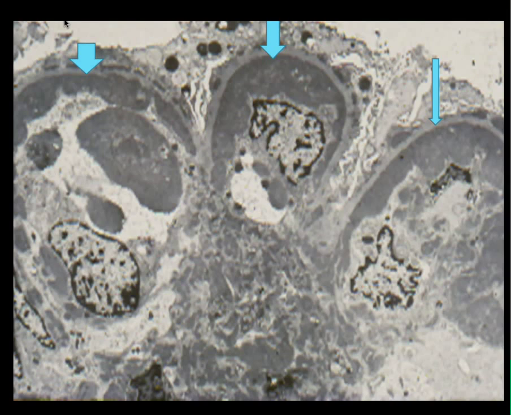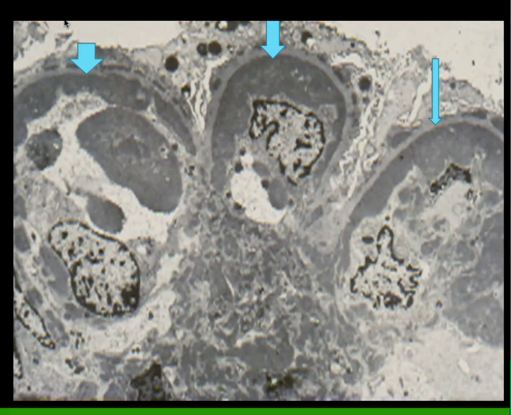This is an electron micrograph showing three capillary loops, and each of the loops has a blue arrow pointing to the subendothelial deposits that are characteristic of lupus nephritis. In the central capillary loop, you can see the blue arrow pointing to the subendothelial deposits, and just adjacent to the subendothelial deposits is a swollen endothelial cell producing a very narrow lumen.